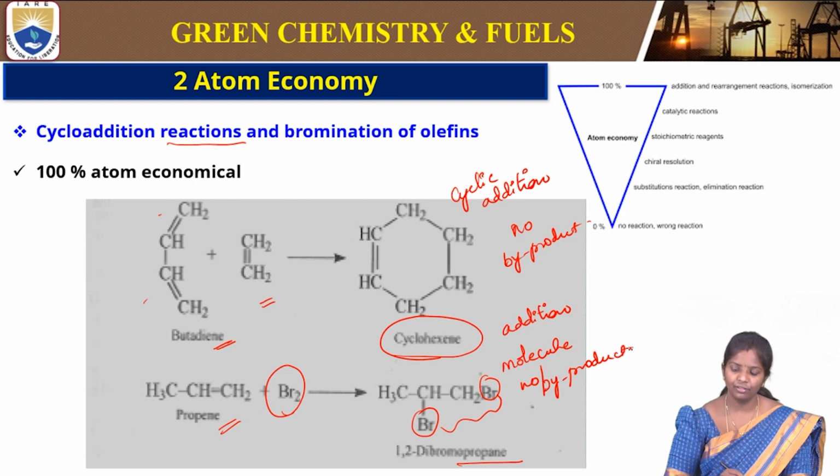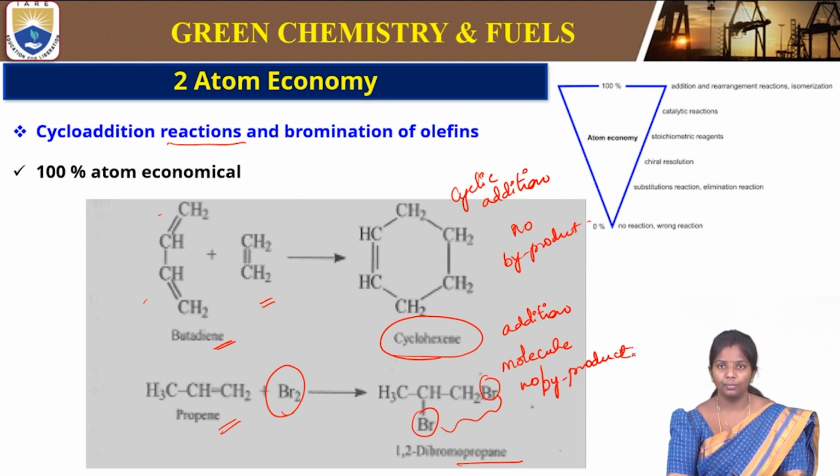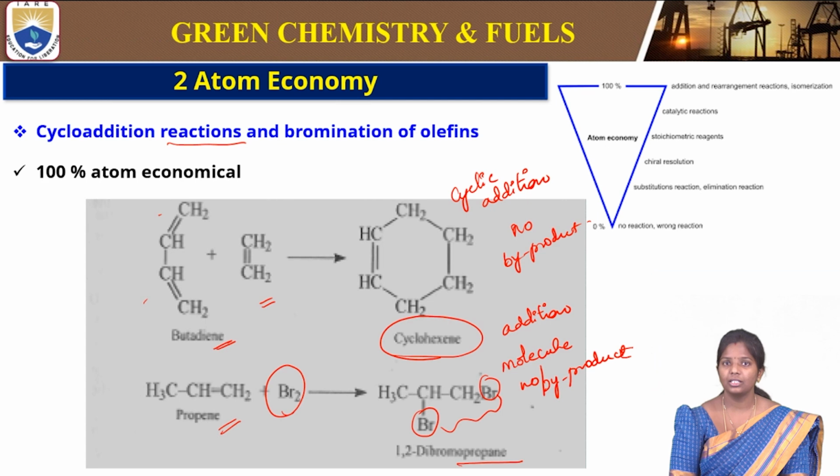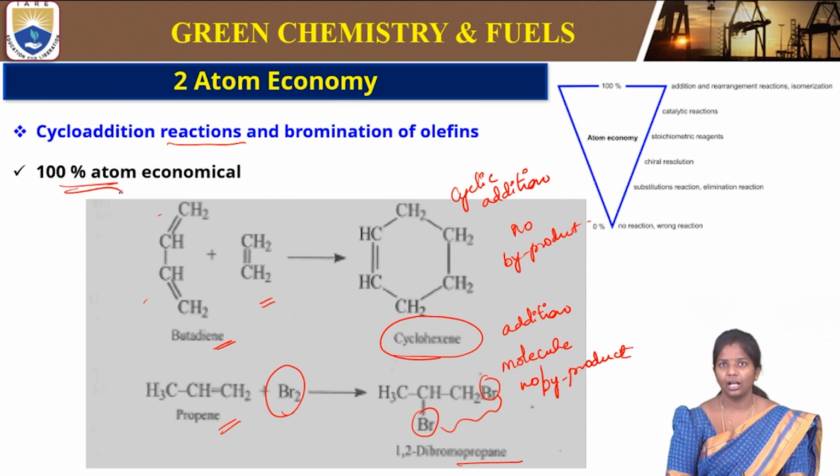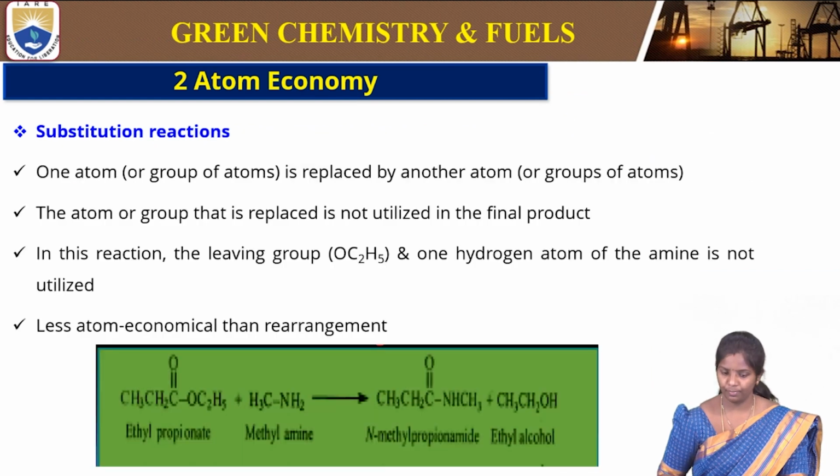Therefore, this is also helpful in producing green products, 100% atom economical. This is how addition reactions and rearrangement reactions help in producing products in which almost 100% of the reactants end up in the products.